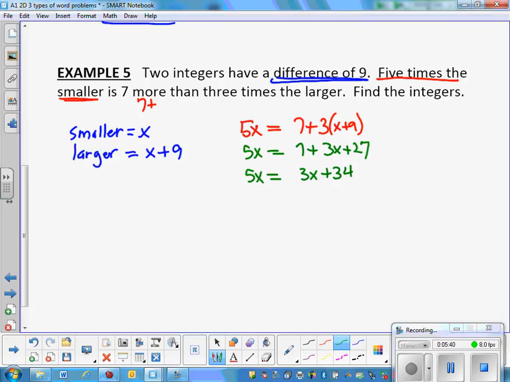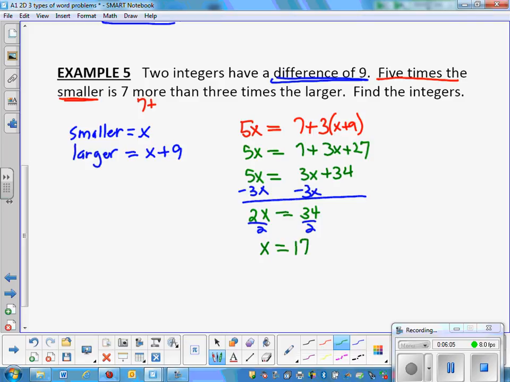Now I will combine my x's, so I'm going to subtract 3x from both sides. And that will leave me with 2x is equal to 34. Finish up by dividing by 2. And I have x is equal to 17.